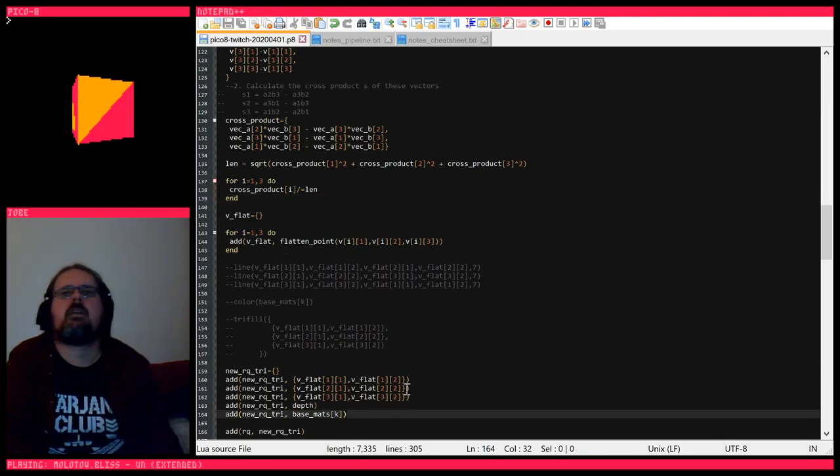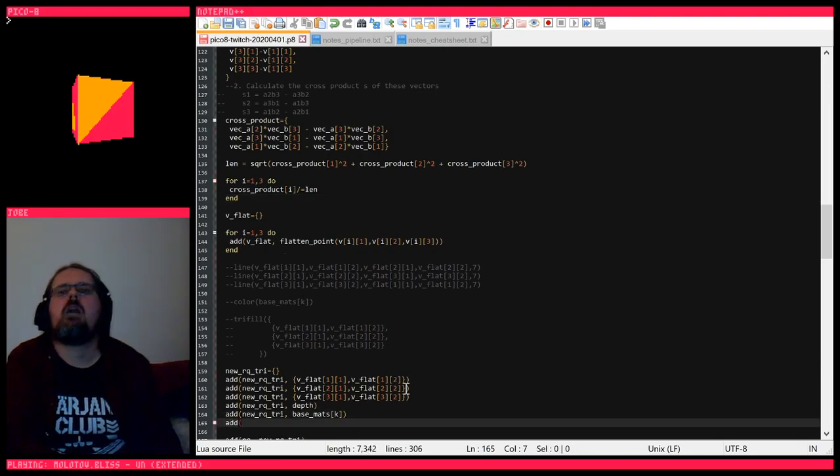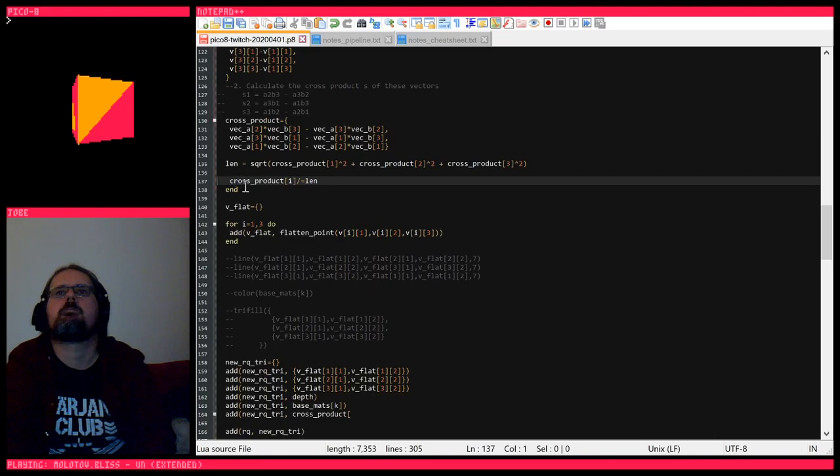So let's add that to the render queue. And since we're going to have a directional light and our only light source is going to be at the same point as the camera, we're only going to be needing the z value of the normal. Which means that we don't actually have to do this 3 times.